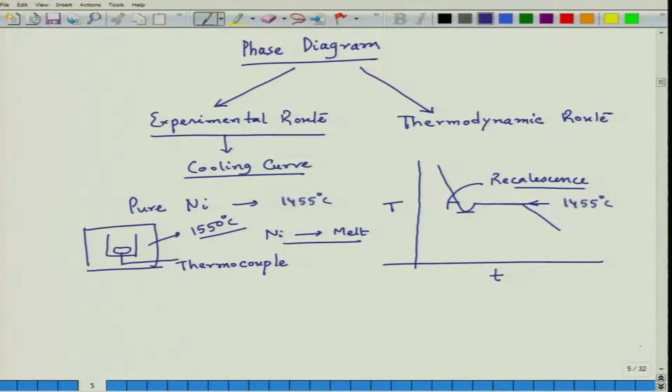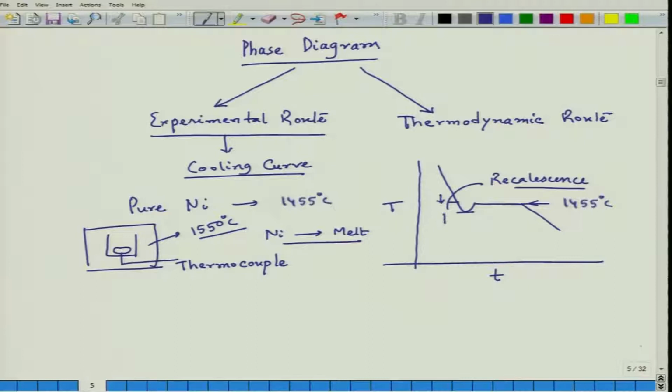This happens because in order to get some solid crystal in a liquid melt, we have to cross an interfacial energy barrier. We have discussed it before, and that is why we have to have sufficient undercooling.